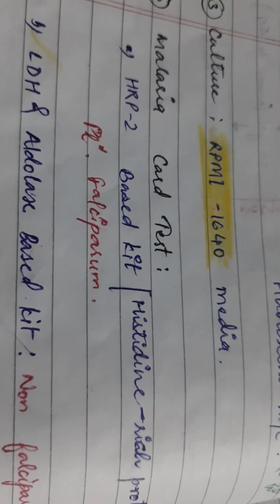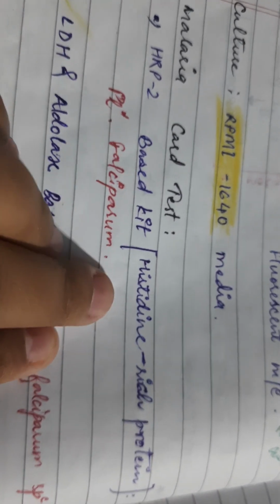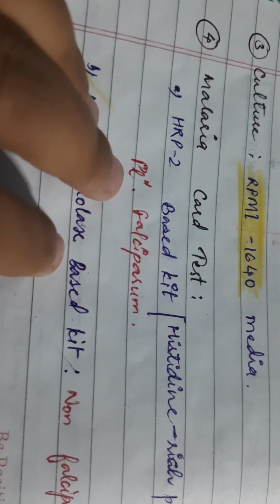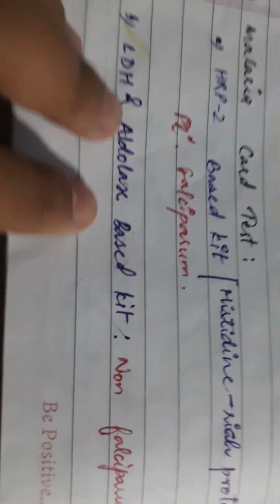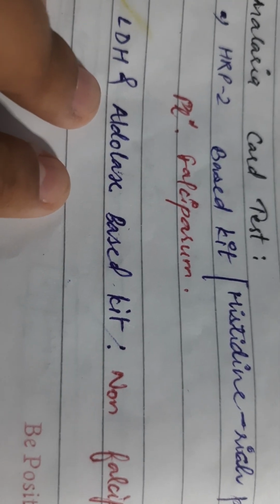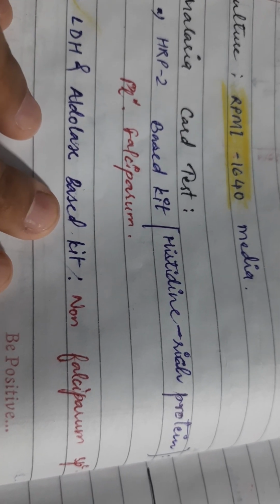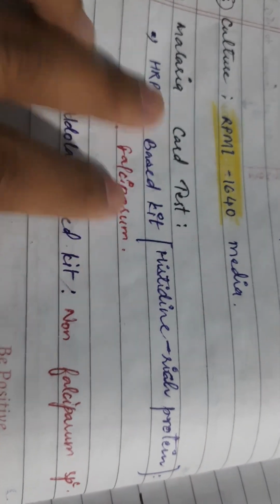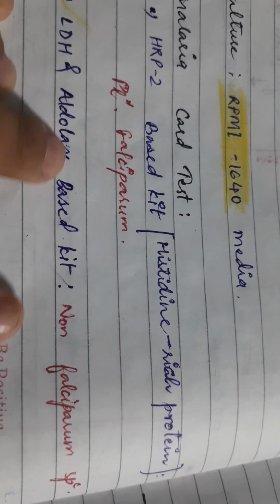HRP is histidine rich protein. The HRP2 based kit is for Plasmodium falciparum, and then LDH and aldolase based kits are for non falciparum species. I don't know the full form of LDH, but histidine rich protein is for Plasmodium falciparum, and LDH aldolase based kit is for non falciparum species.